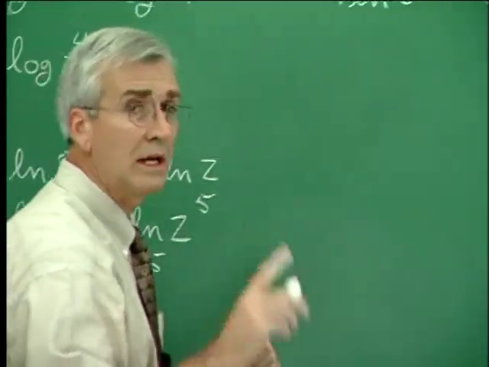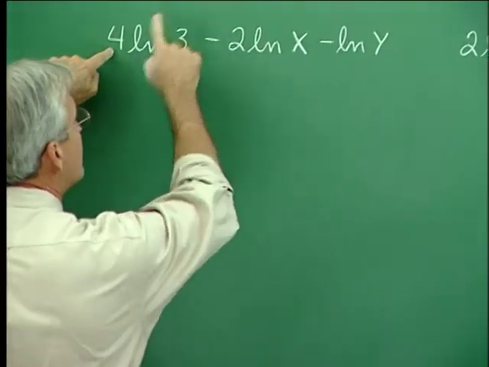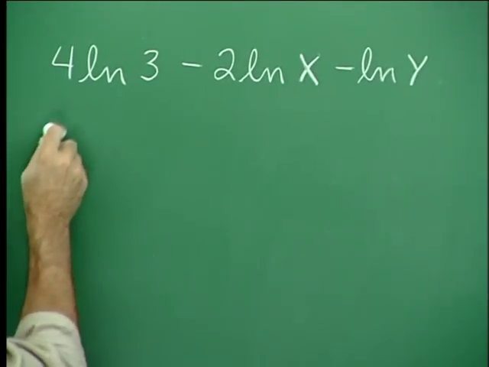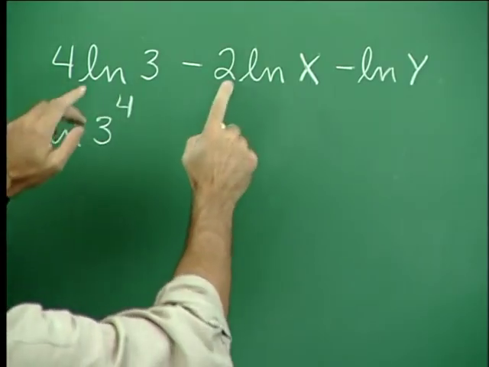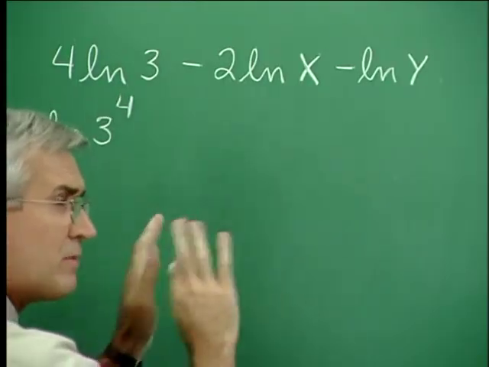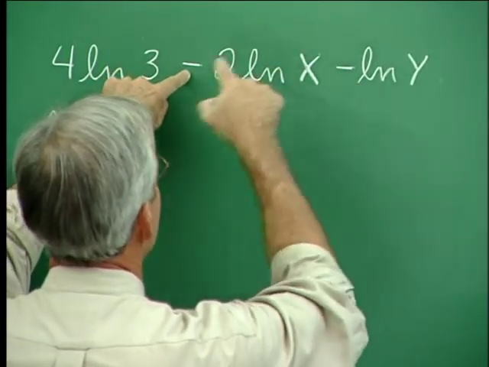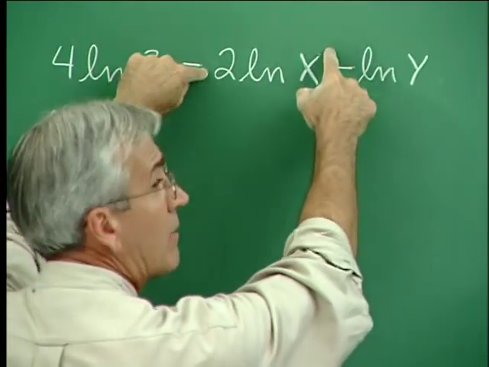Let's condense here. Now the first order of business, once again, is to take the coefficients and move them to a position of exponent. So we would have here ln 3 to the 4th power. Now on this one, it turns out that it doesn't make any difference whether I think of moving -2 to that position and putting a plus sign here, or leave the minus sign here and just move the 2 up there.